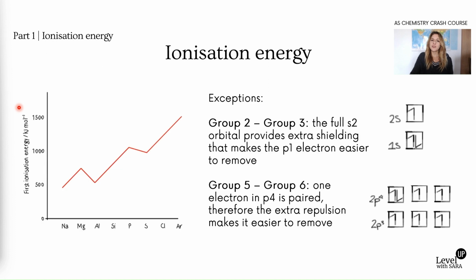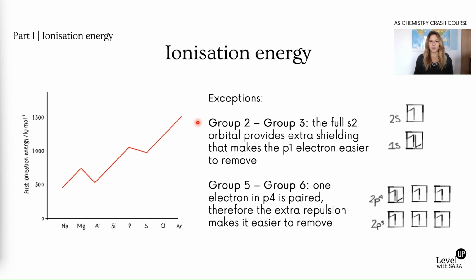But there are some exceptions, and let's look here. It's common for all periods, but let's look at period 3 elements. There are some exceptions, so notice that the general trend increases. However, there is always an exception from group 2 to group 3 and from group 5 to group 6.